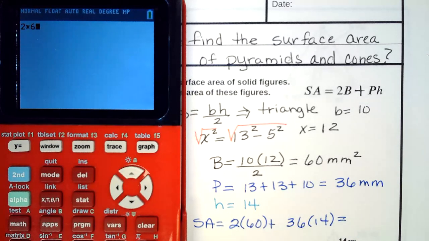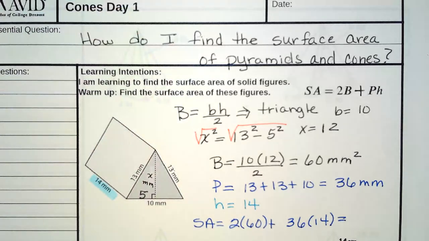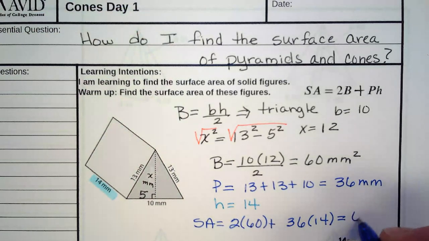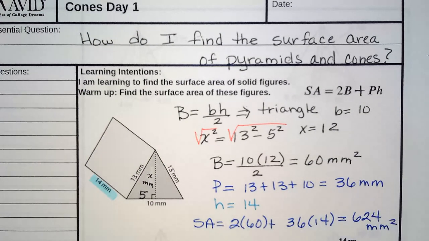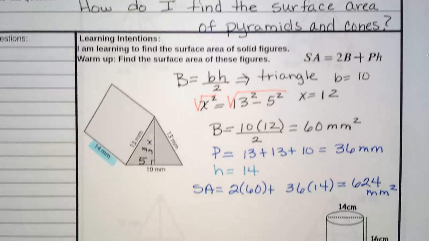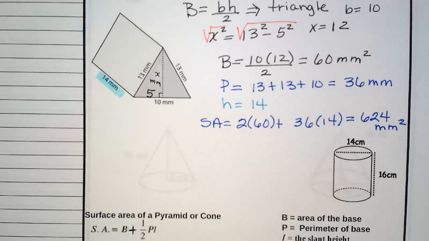Two times 60 plus 36 times 14, and you get 624. And this will be millimeters squared. Okay, and that brings us down to our cylinder.